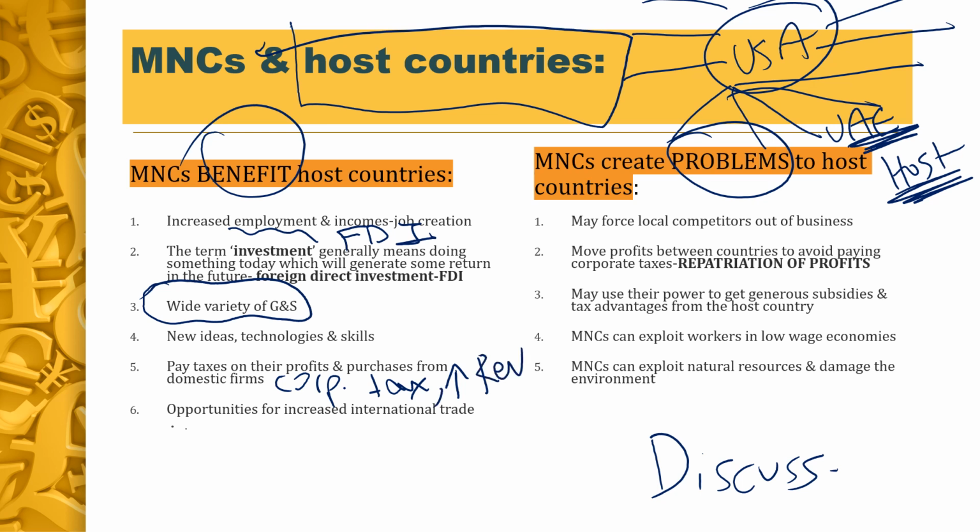Finally, this would lead to opportunities for increased international trade, because as we said before, these MNCs benefit from economies of scale. It would also lead to competition, which is considered to be good in the country, and they will probably start exporting. When they are exporting, they are increasing export earnings.